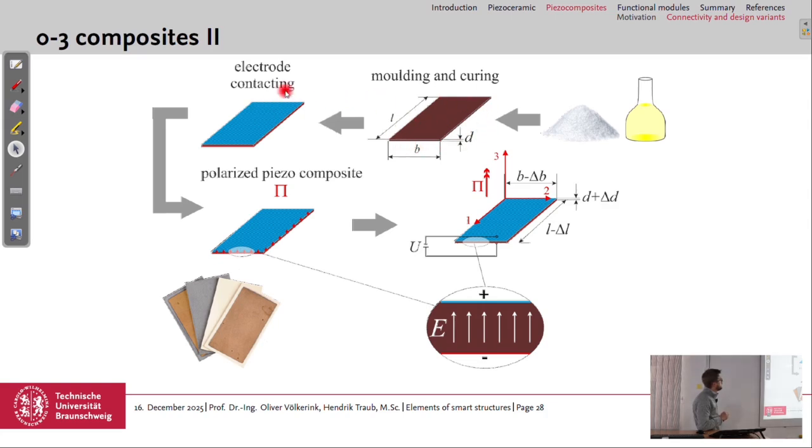We have the electrodes applied to it. So this is already the composite material, not just ceramic. Then we polarize the piezocomposite, and then we can use it as a transducer.